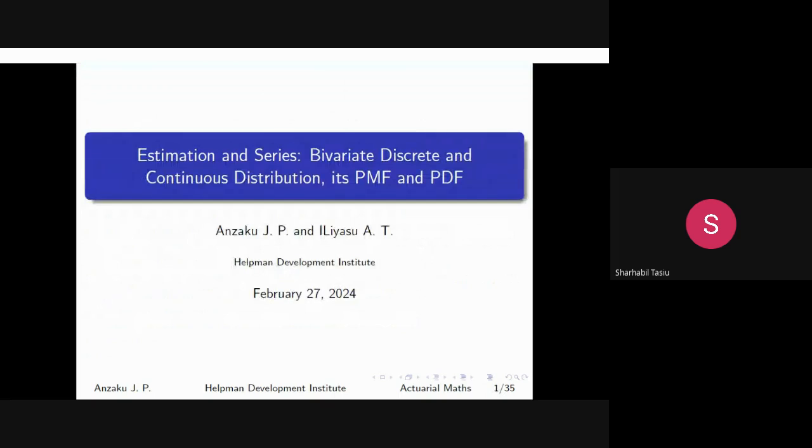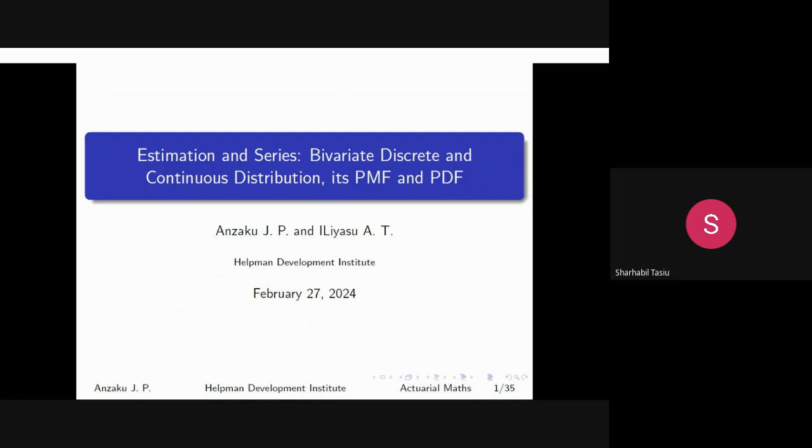So, this is our topic for the day: estimation and series by bivariate, discrete, and continuous distribution. It's PMF and PDF. By PMF, we mean probability mass function, and by PDF, we mean probability density function. If we remember, in our previous classes, PMF is for the discrete random variable, while the PDF describes the probability distribution of the continuous random variable.